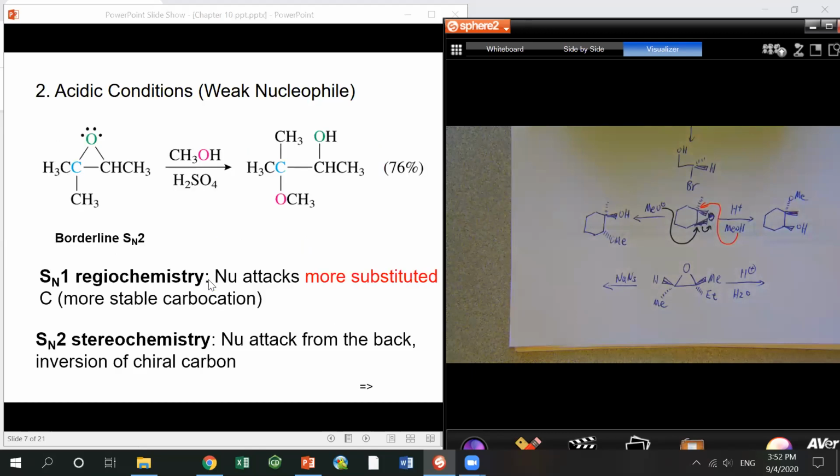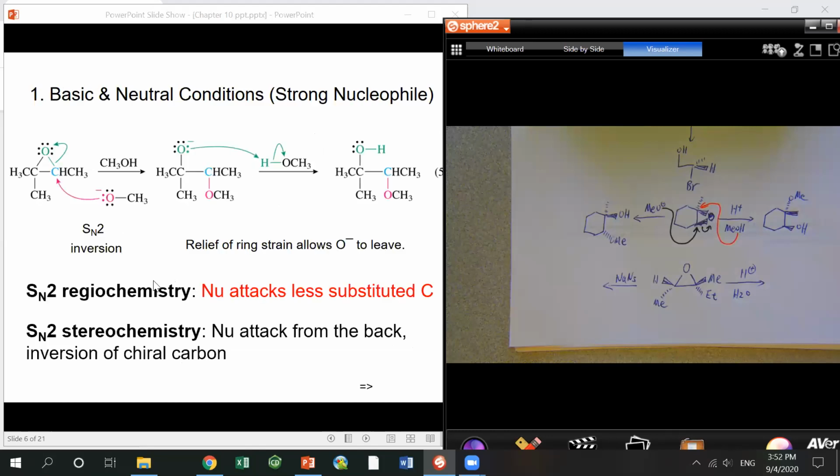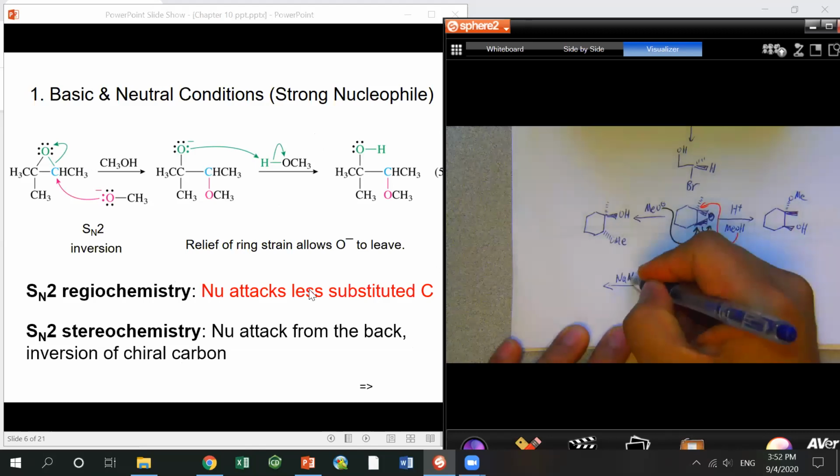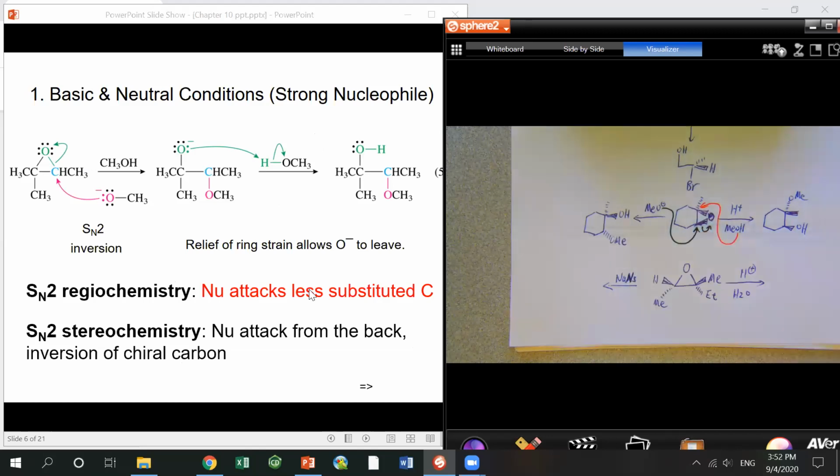But for regiochemistry, acid conditions are SN1-like and basic conditions are SN2. The N3 here, the azide, we can treat as a neutral nucleophile, and neutral conditions are the same as basic conditions. So this one is the acid condition.